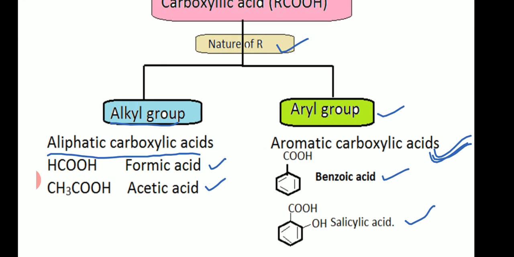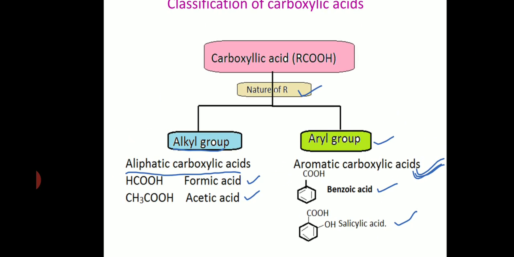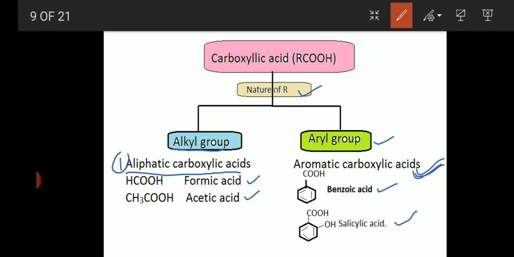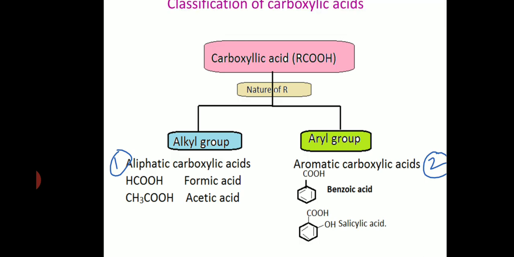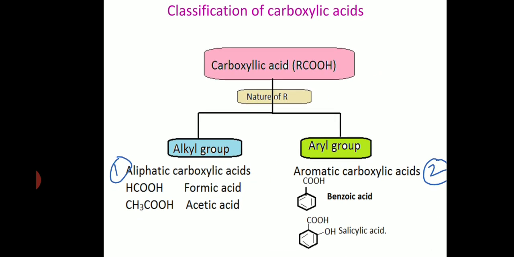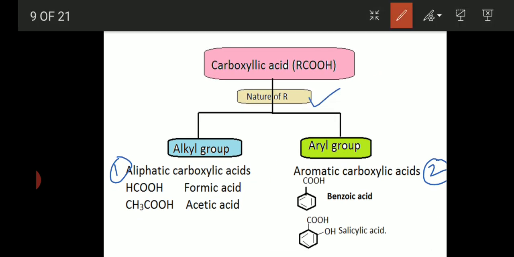Thus, carboxylic acids are classified into 2 types: aliphatic carboxylic acids and aromatic carboxylic acids. Examples for aliphatic: formic acid, acetic acid. Examples for aromatic: benzoic acid, salicylic acid. This is the classification depending on the nature of R.